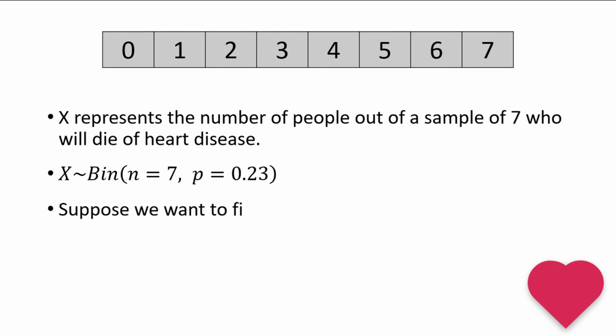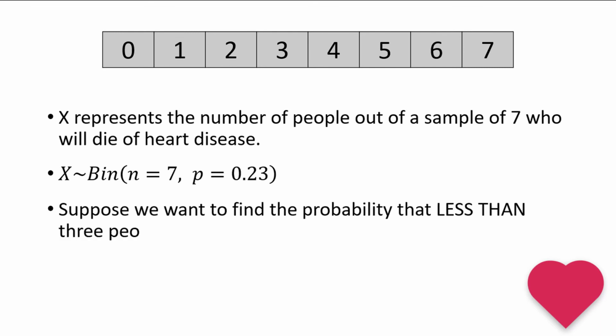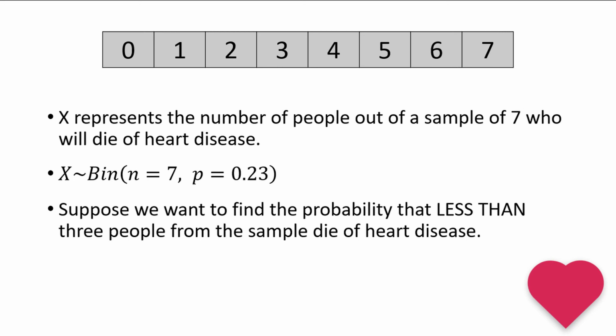Suppose we want to find the probability that less than 3 people from the sample die of heart disease. Looking at our number line, the numbers less than 3 would not include 3, but rather only the values smaller than 3. This is the same outcome that we had before, which could be written as the probability that x is less than 3. But this isn't very helpful for our CDF function, since the CDF function requires less than or equal to.